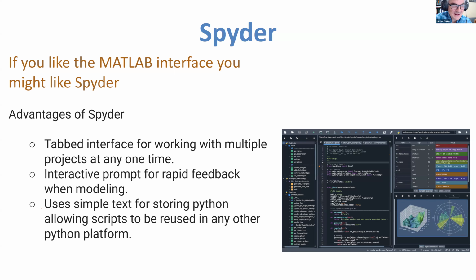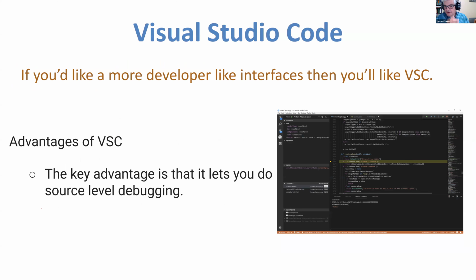Okay. That's Spider. The other one, for those of you who like programming environments, Visual Studio Code has become very popular with the developer community. It's a sort of shell that you can customize to do almost whatever you want. There are probably thousands of packages you can install to do almost anything.